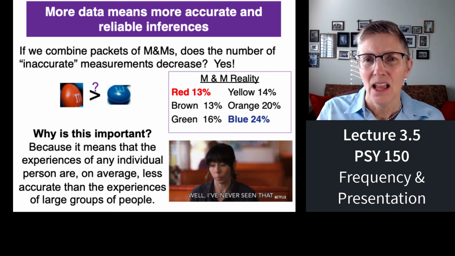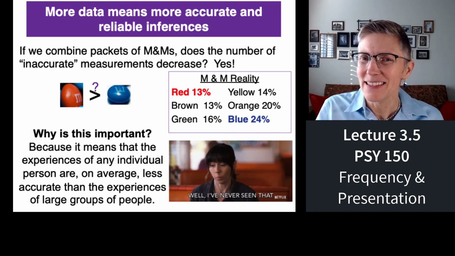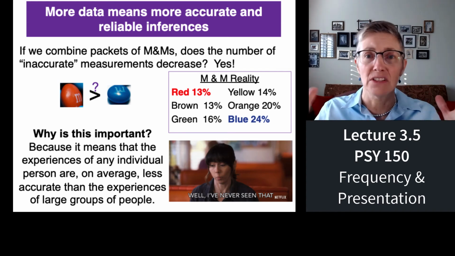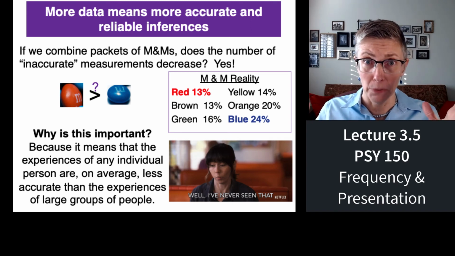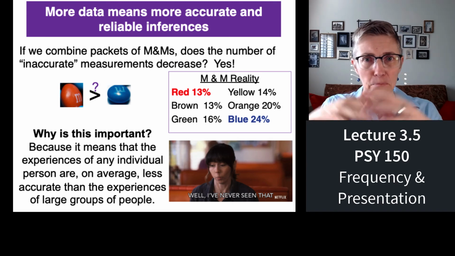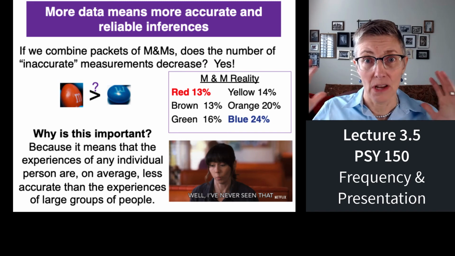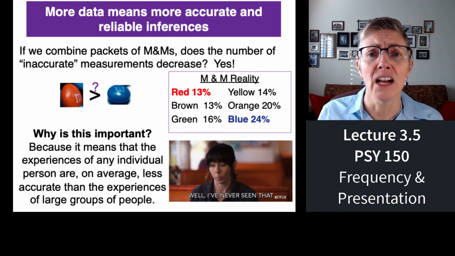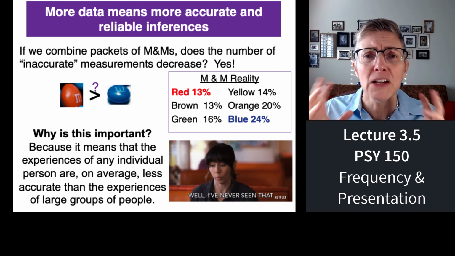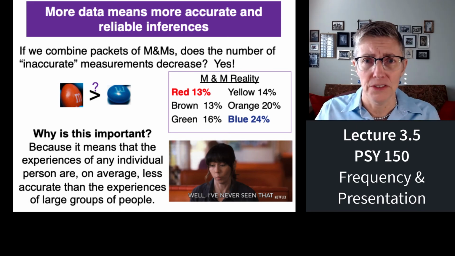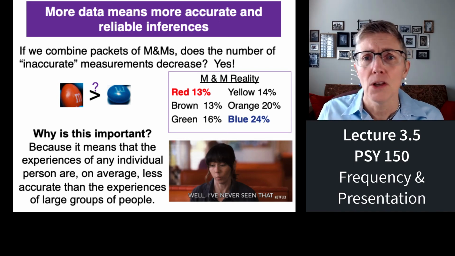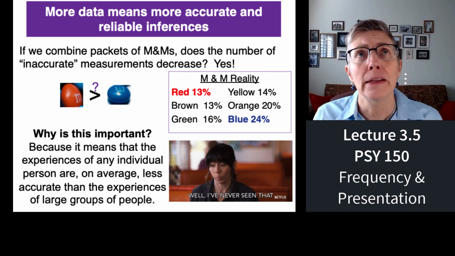However, our own personal experiences are not a whole lot of data. If you take the average experiences, for example, or the modal experiences of a community or a city or a state or a country, you're going to have much more confidence in those measures than in your measurements from any one person.